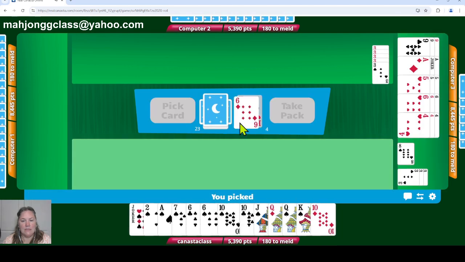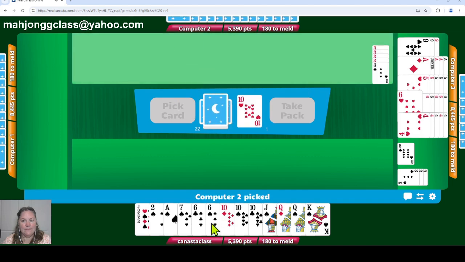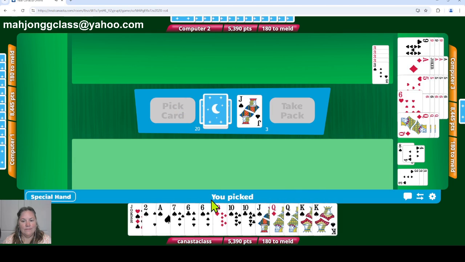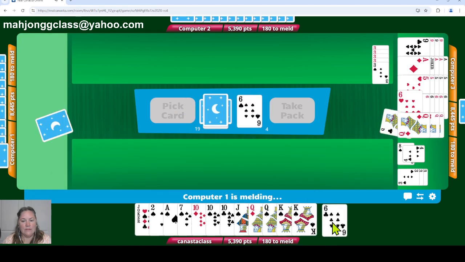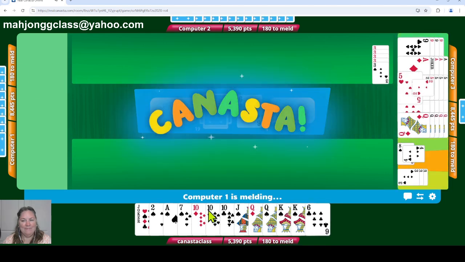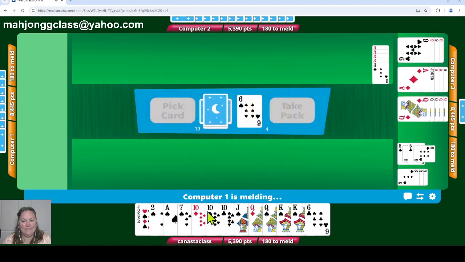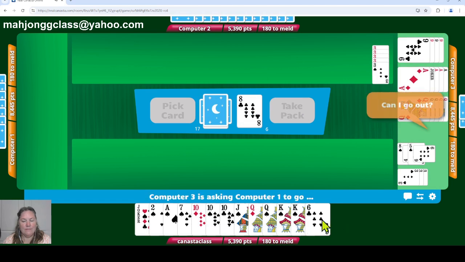Trying to build my hand here. No choice. That stinks. I know he doesn't have any more sixes now. It's 1-7.